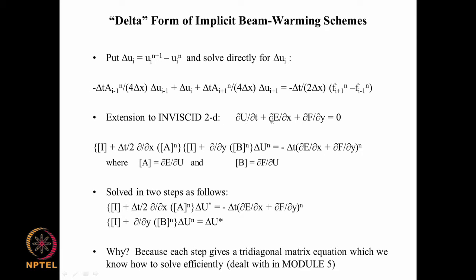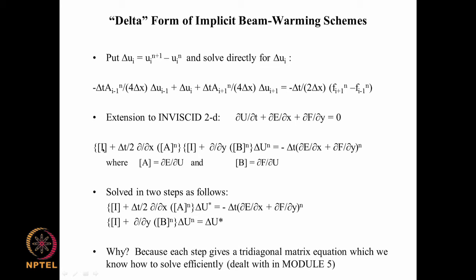we have U, E and F as matrices containing, for the 3 equations, the continuity equation, x momentum and y momentum equation. So, you have those specific forms here. This becomes a matrix equation, and this needs to be rewritten in a matrix form, and that is what we have essentially done here.